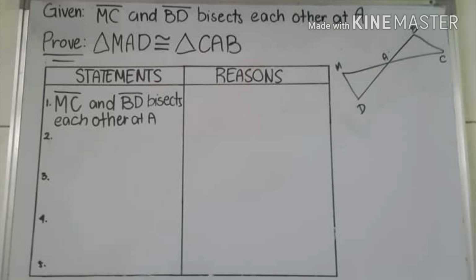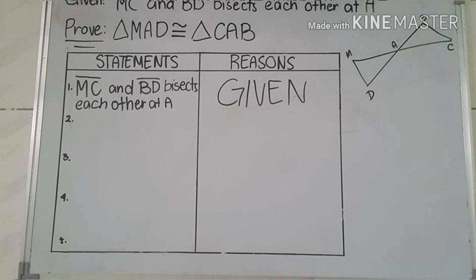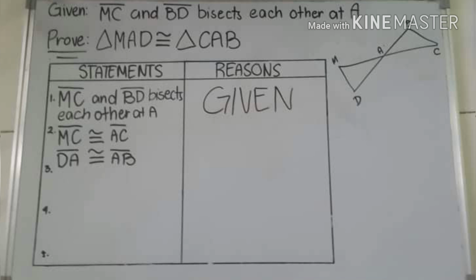Our first statement is line MC and line BD bisect each other at A. The reason is given because, as I can remember, you always start with the given. The first statement's reason is very easy, but consequently, it will get a little more difficult.